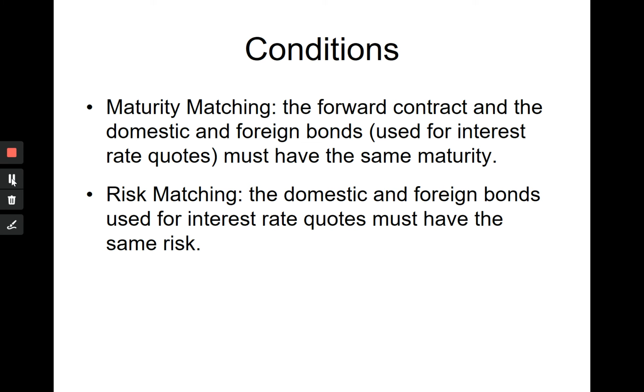Next condition for our formula to work is risk matching. When you go back to this formula, the risk of these bonds should be the same. You cannot use a riskier loan and compare it to a less risky loan, because with default risk, the interest rate on the loan goes up.